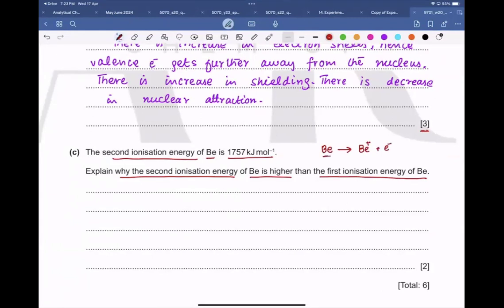So see, the atom is neutral, and this beryllium positive ion has a greater nuclear charge because it has a positive one charge on it. But the beryllium atom has no charge. When we try to release the electron from this ion, which is beryllium positive, it has a greater nuclear charge than the beryllium atom.